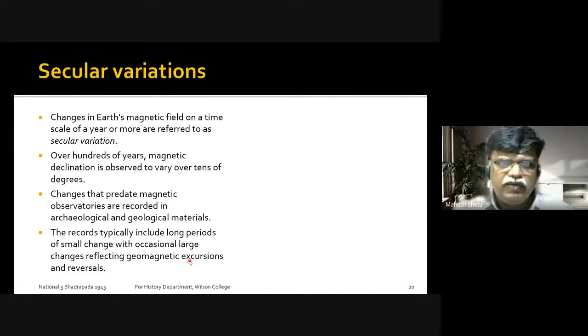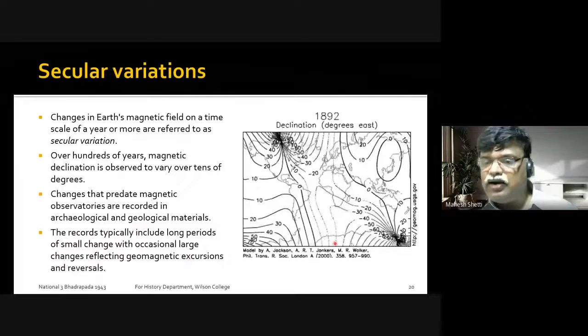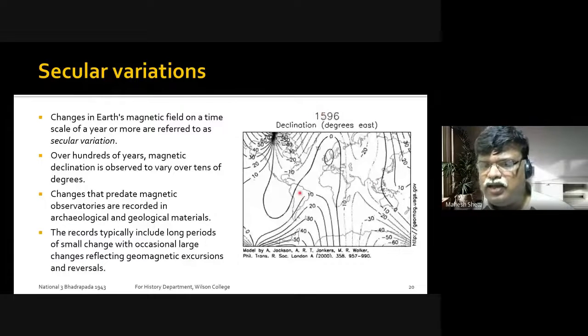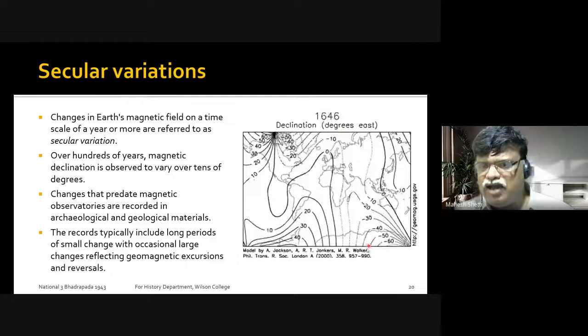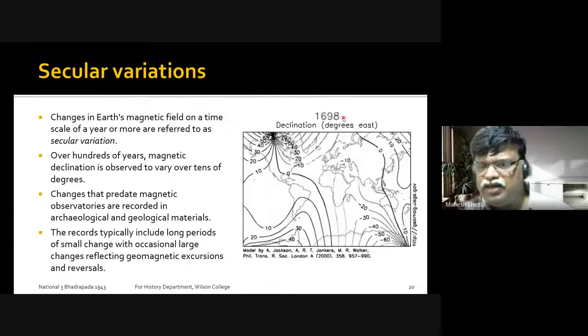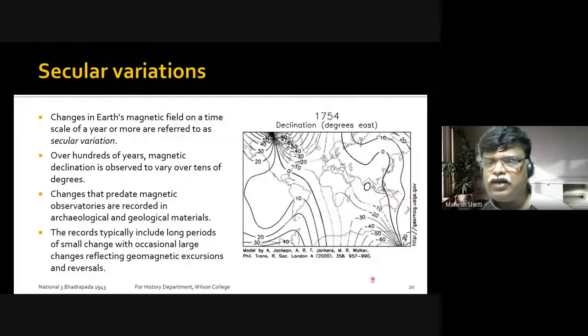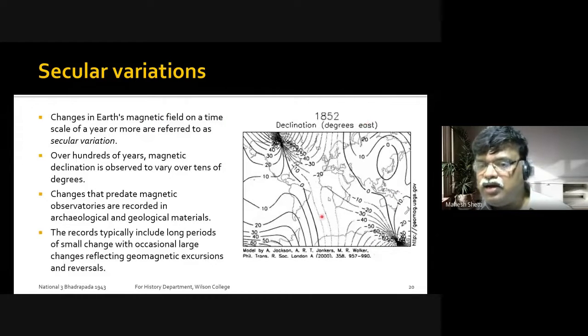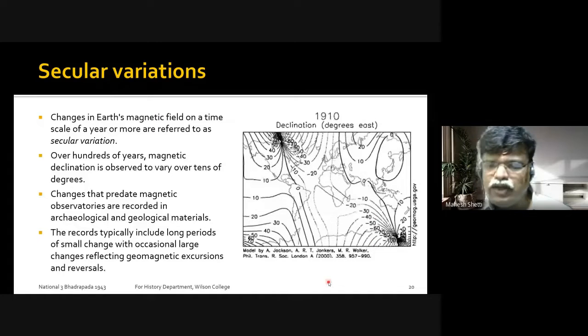Typically, it's the archaeological period, not the historical period that we talk about. And the declination lines you see are varying with the year. It's a repetitive GIF, so you see that from the 17th century, 18th century, 19th century, it will come. This is the 19th century. It is continuously changing.